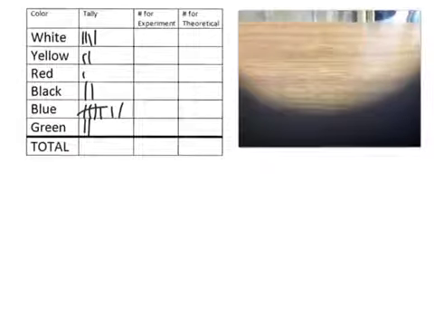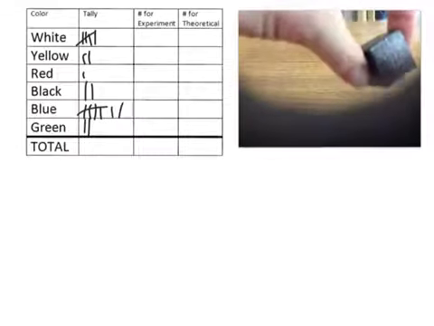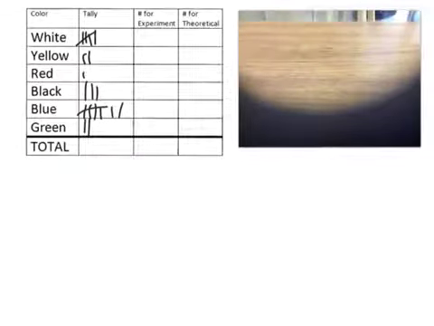Green. White. Black. And blue. All right, I have no idea how many trials I did, but that will work for now.